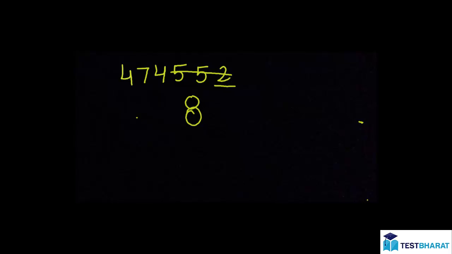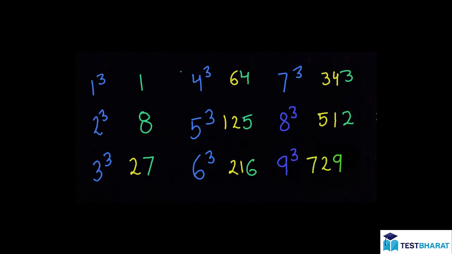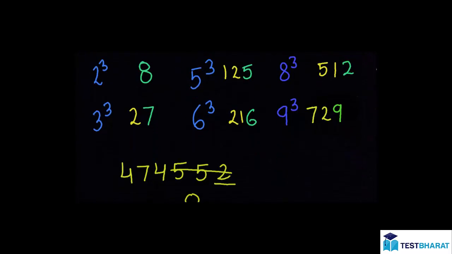And in the second part, this is 474, we have to find out which cube is lesser than 474. As we can see, 8 cube, which is 512, is greater than 474, and 9 cube is also greater than 474. But we know that all the cubes from 1 to 7 are below 474.